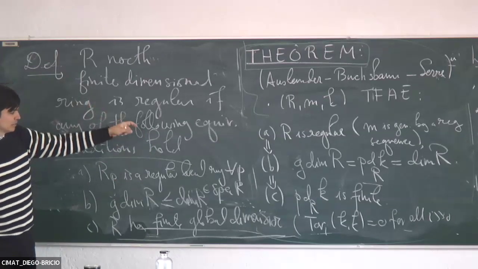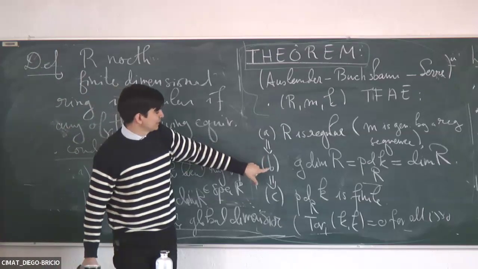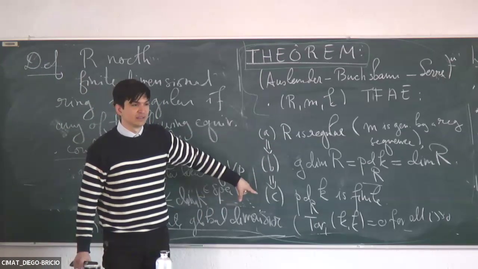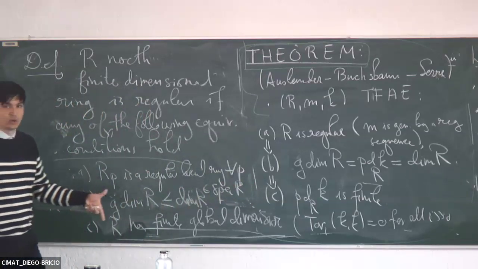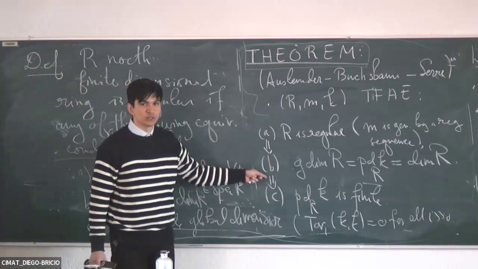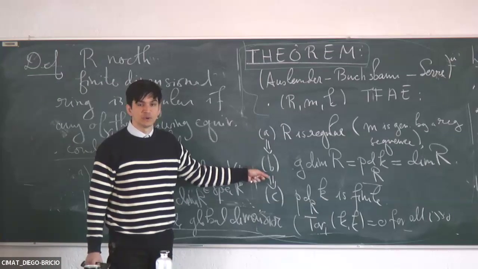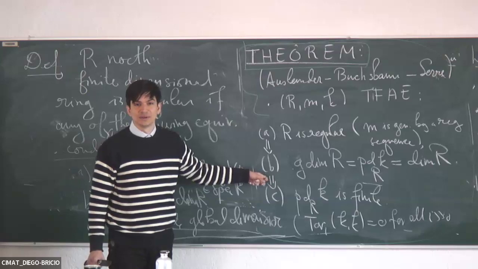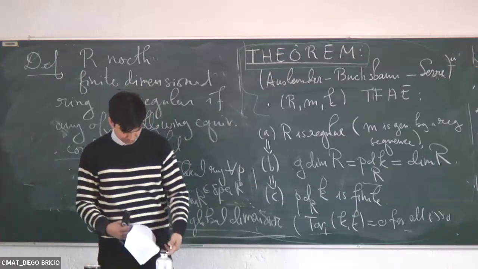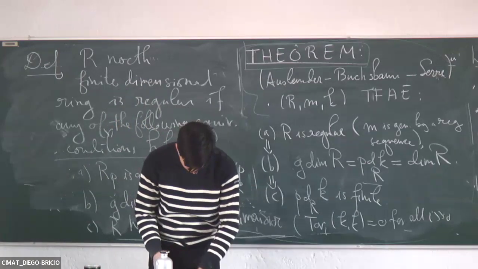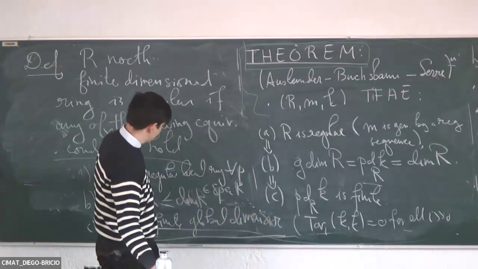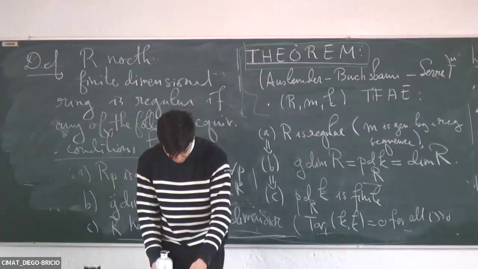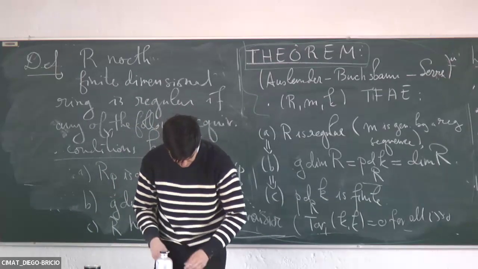What this does for you is that it tells you that these conditions agree, and therefore this is a good definition. Actually, the whole point of this characterization was to prove that localizations of regular local rings are regular. That was far from trivial. So to prove that these are equivalent, you're going to have to use all we have seen so far. I'm going to leave it as an exercise.